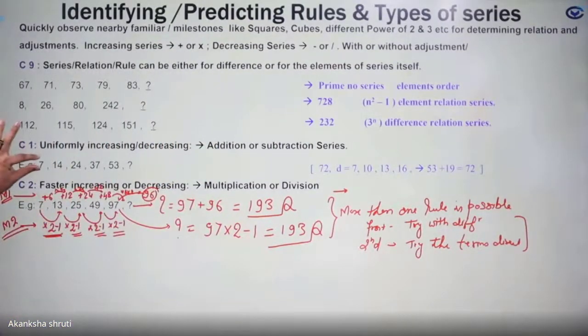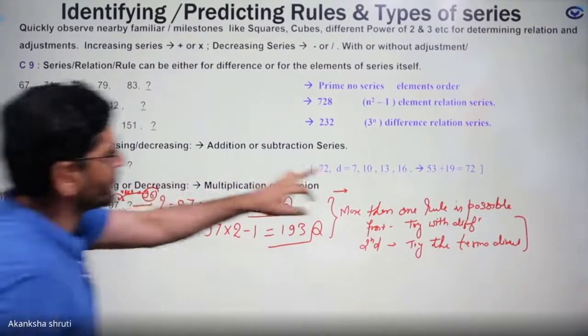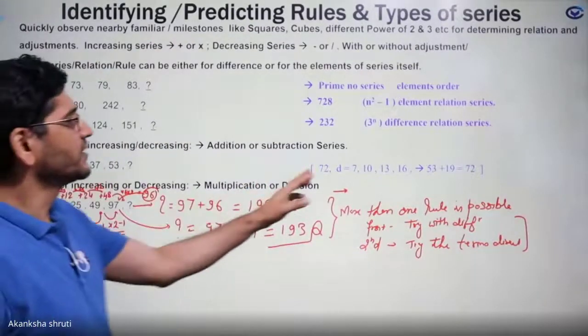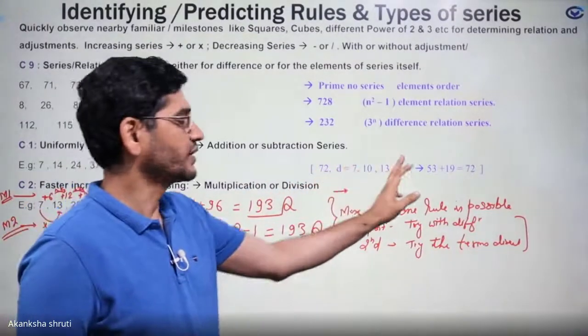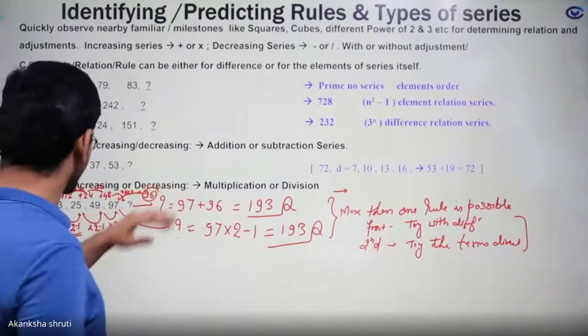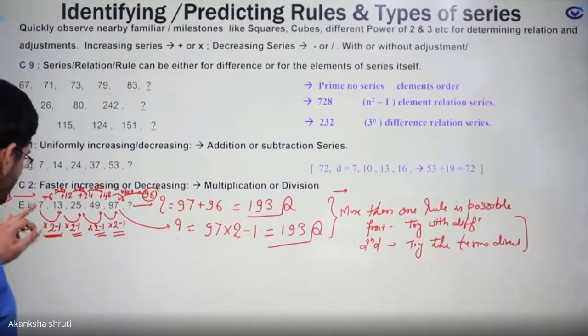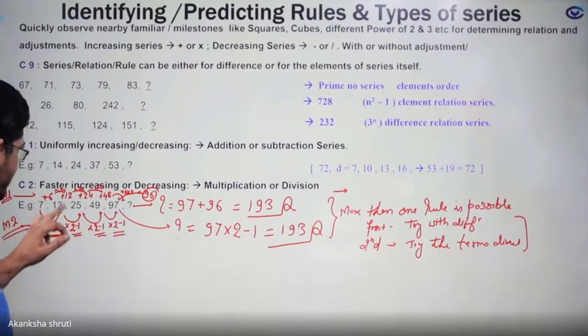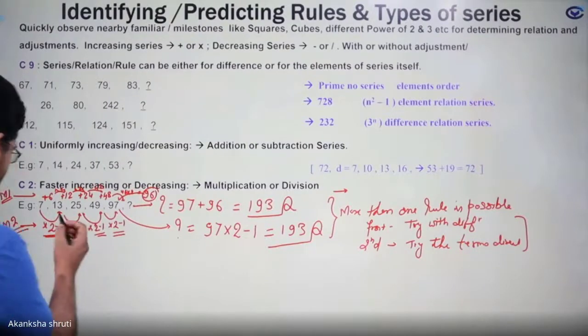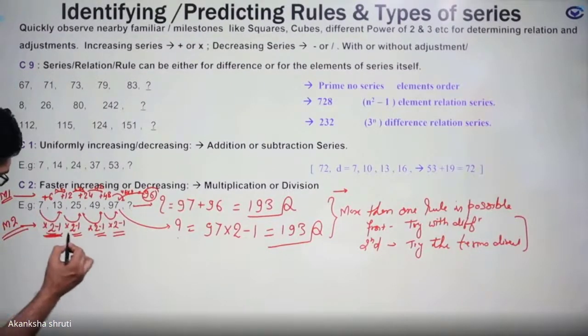If the difference is almost constant or varying very slowly, in that case you have to go for this difference rule. Next, if the variation is faster, then go for checking one term multiplied by some number. Here we are getting that each of these terms is multiplied by 2.